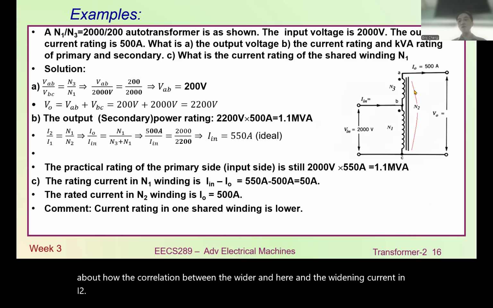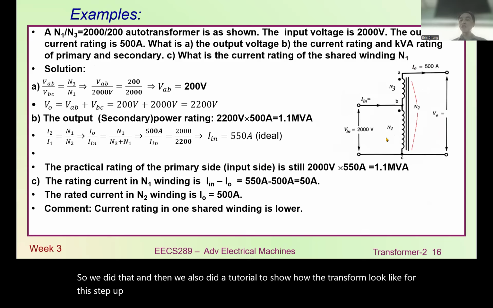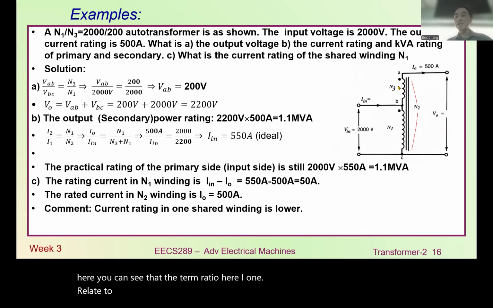So we did that, and then we also did a tutorial to show how the transformer looks. For this step-up transformer, we're now checking the voltage conversion ratio. In here, you can see the turns N1 and N3 will be 2,000 turns and 200 turns, so the total number of turns will be 2,200.